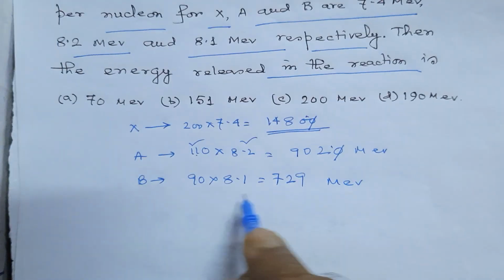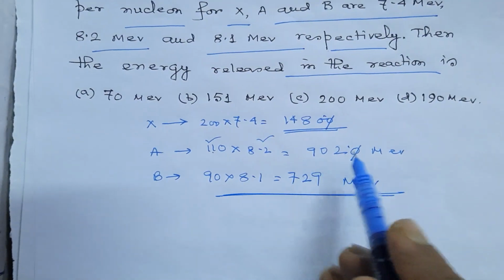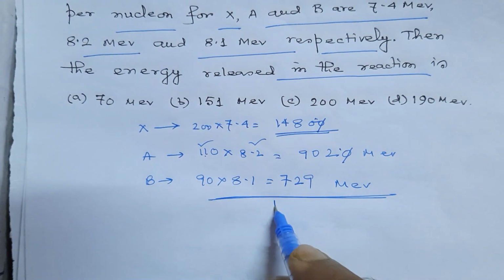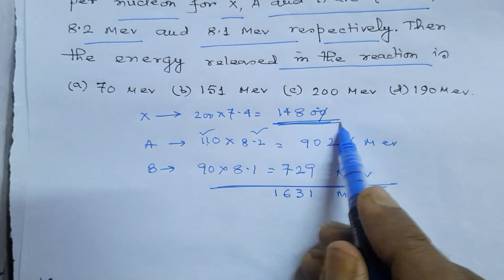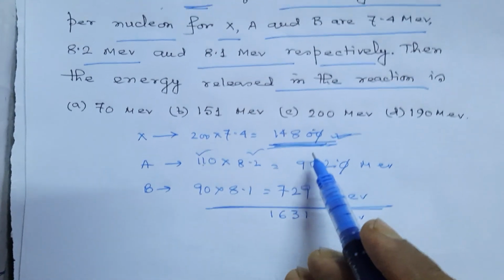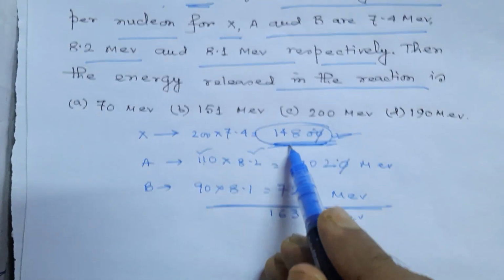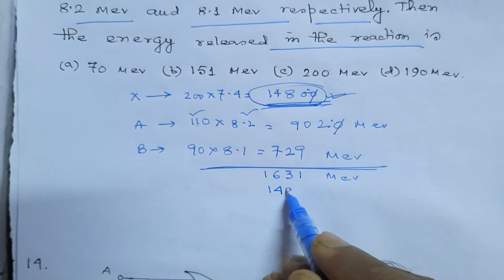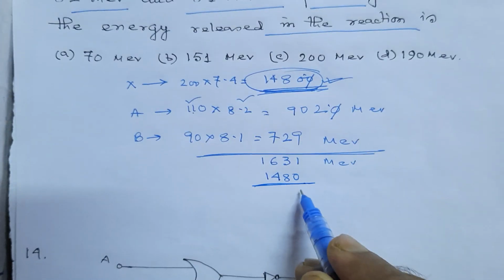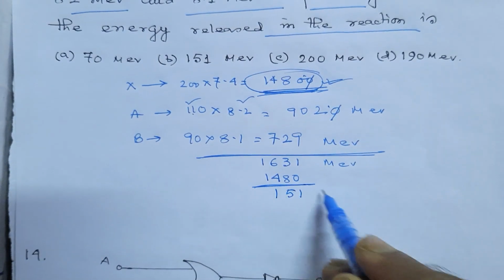So the total energy of A and B is 1631 MeV. But that of the reacting nucleus X is 1480 MeV. So the energy released is the difference between the two, that is 151 MeV.